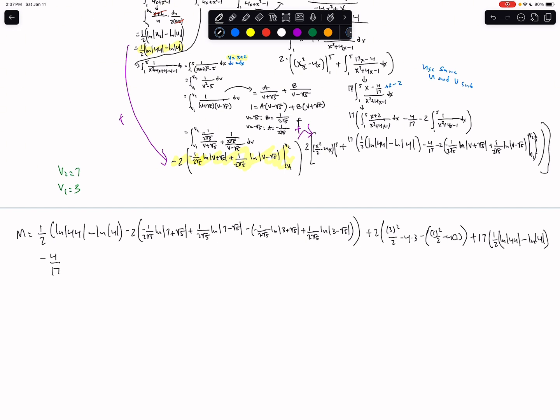Well, this will be brackets, and I also want to use brackets inside here. Minus 4 over 17 minus 2. And then I'm going to copy and paste this guy here. I don't want to write that.